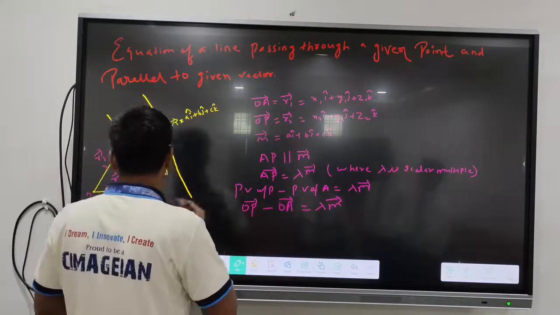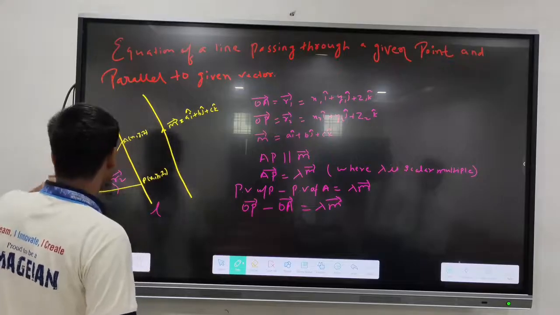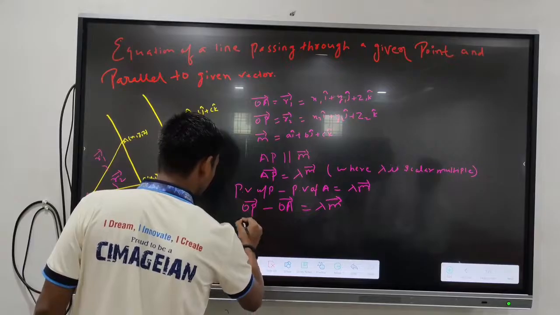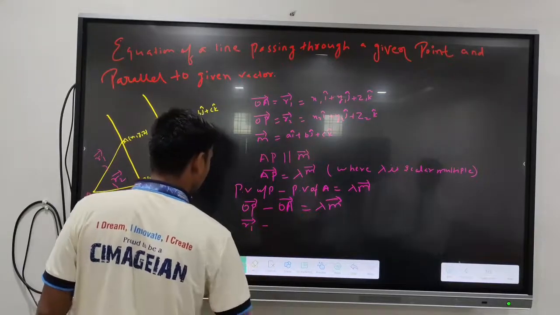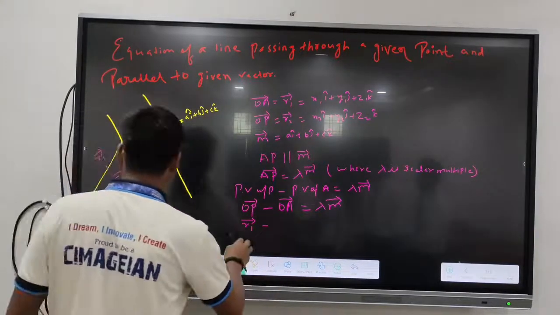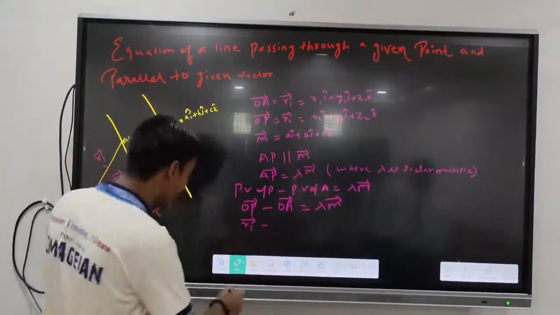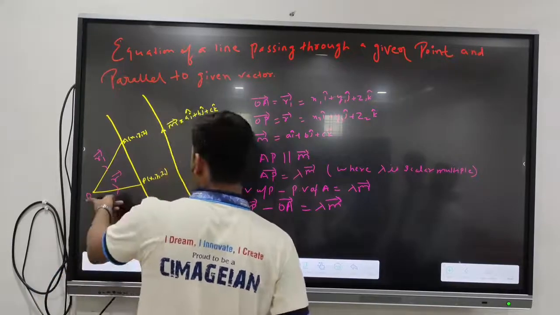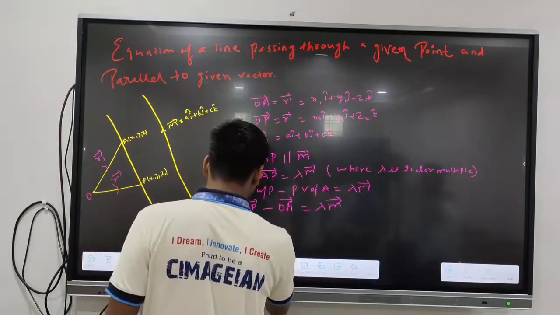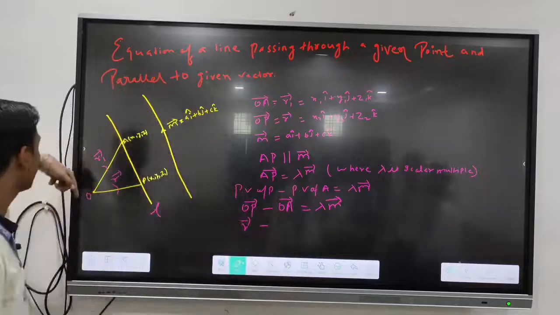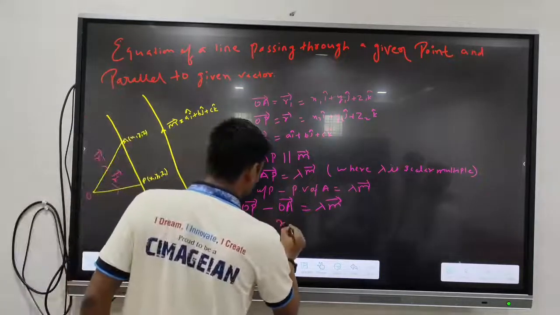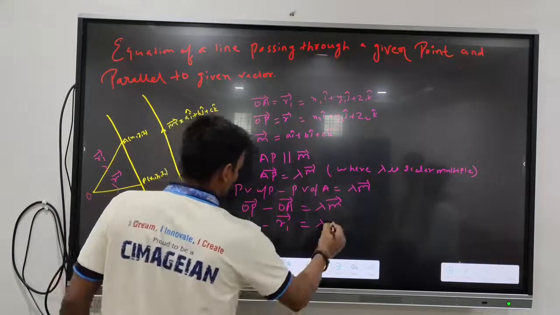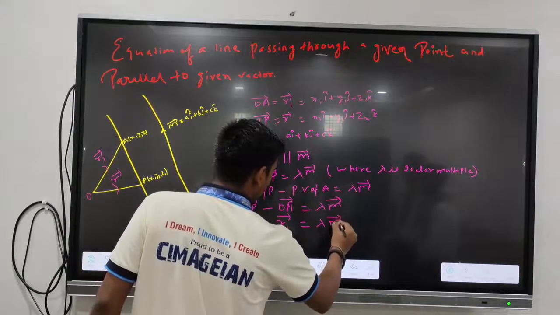Now OP vector is basically equal to R vector. Here you can see that OP vector equals R vector minus OA vector. OA vector is basically equal to R1 vector. Now we can write here R1 vector and lambda into M vector.